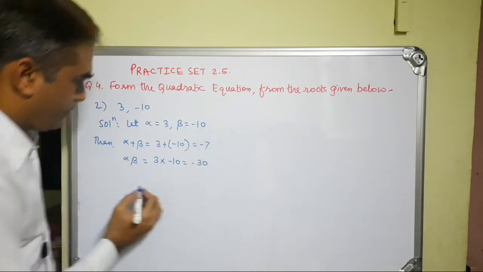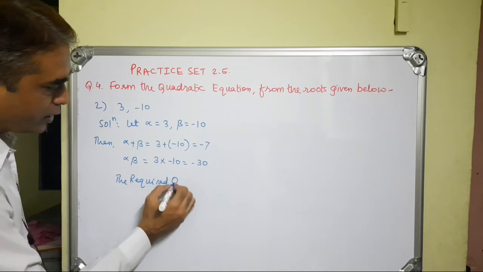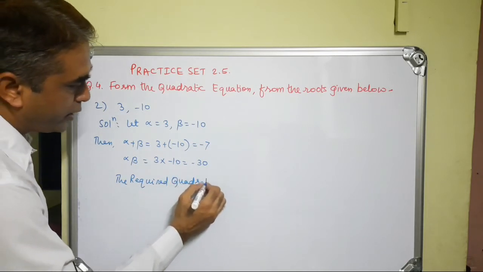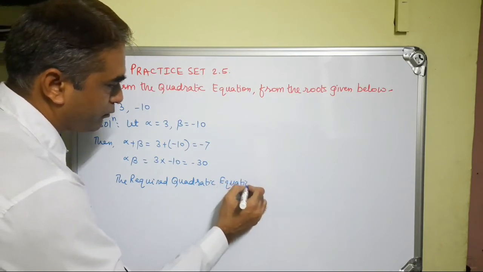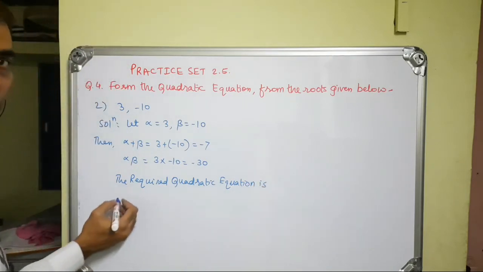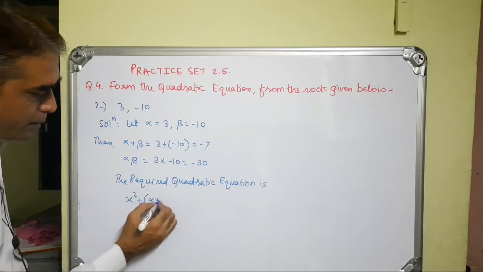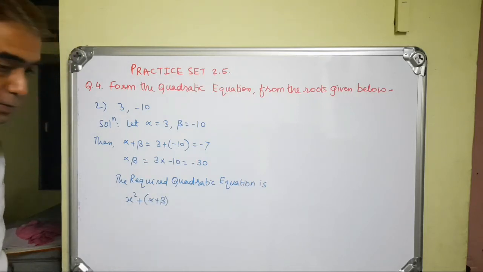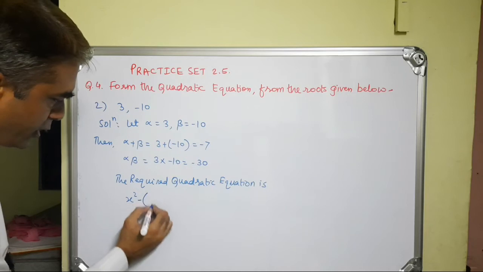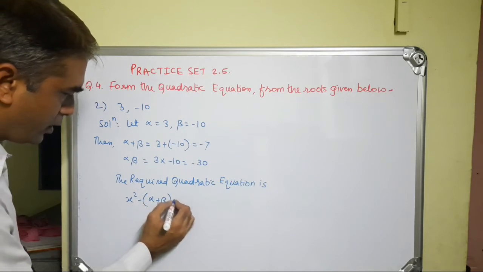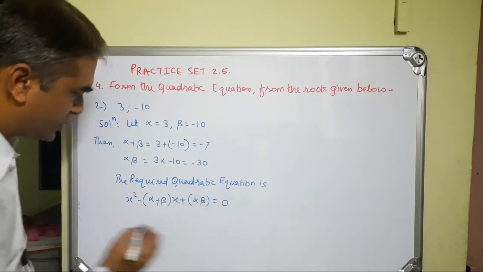So the required quadratic equation is, we'll write the rule first, that is x square minus (alpha plus beta) multiplied by x plus alpha into beta equals 0.